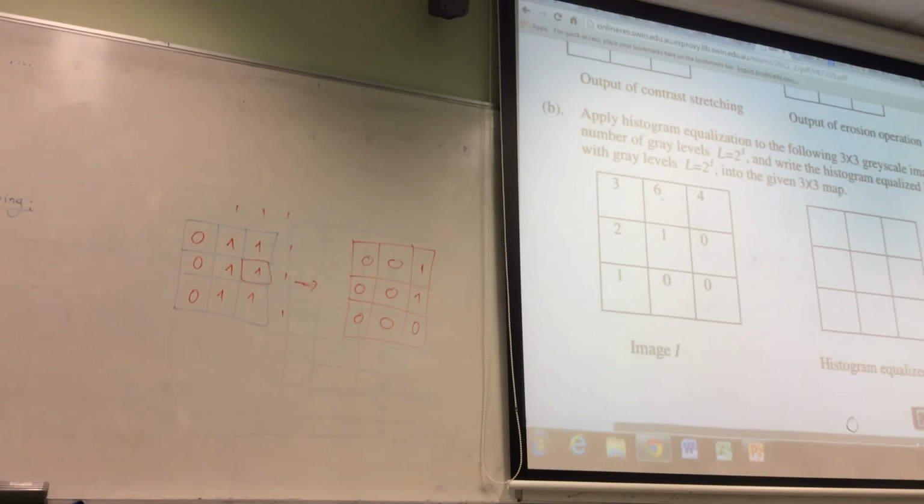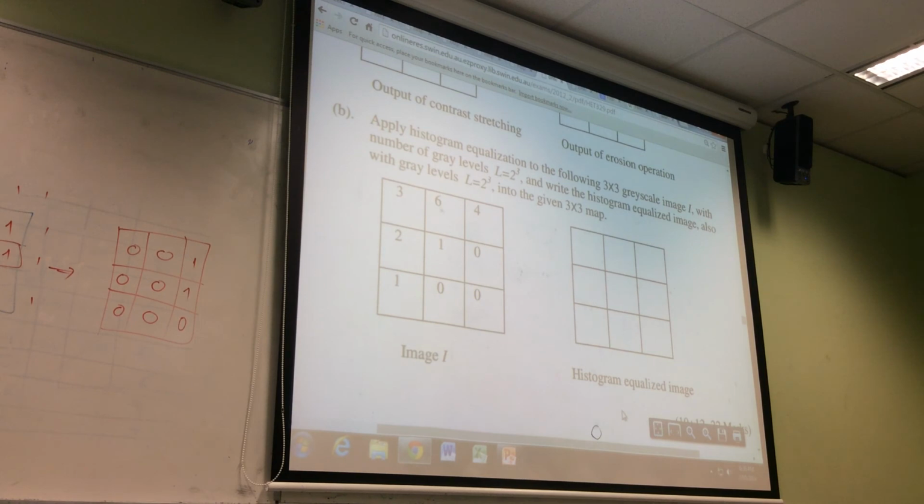Then the next one you need to do histogram equalization again, the same question as 2013. So you know the steps of histogram equalization? You calculate the PDF first, then calculate the CDF, then you calculate using the equation, then you round up, and that's it.